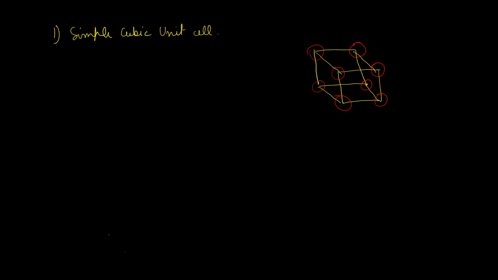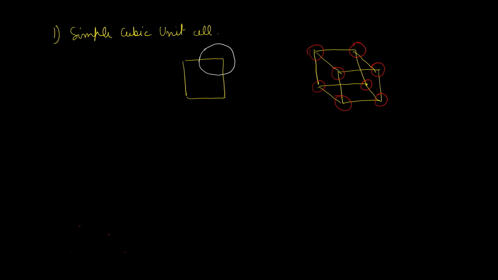But the actual position is not like this. Since it is solid, the constituent particles will be close to each other. If you see one of its faces, the actual position will be like this. The particles will be touching each other.